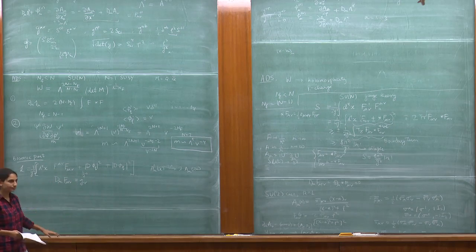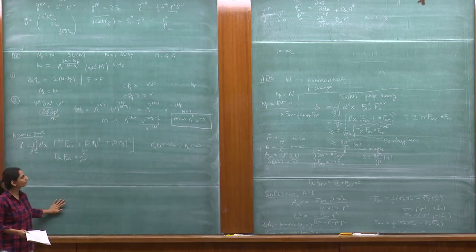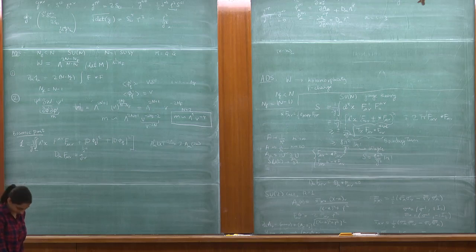Okay. And let me just make one comment here. You see the whole action here, if you think of phi also as a field, continues to be at least classically conformal, because phi also is a dimension 1 field. D_mu phi is dimension 2. What the argument Diksha is making is the following. We know that there is a vacuum. We're looking for a vacuum where phi takes a constant expectation value.